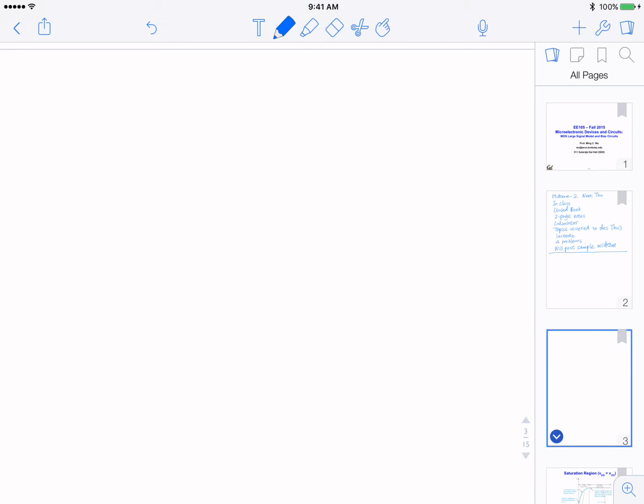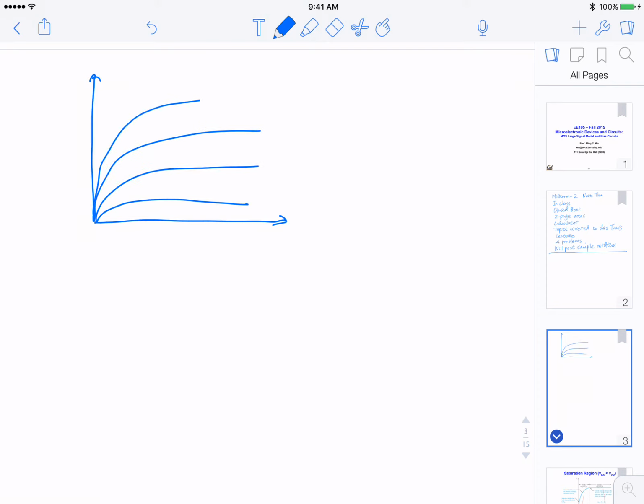Okay. So we say, well, the transistor is well known to have this family of curves, and this is defined in the plane of ID, the drain current, or IDS, versus VDS, okay? And there are two regimes divided by this parabolic line.